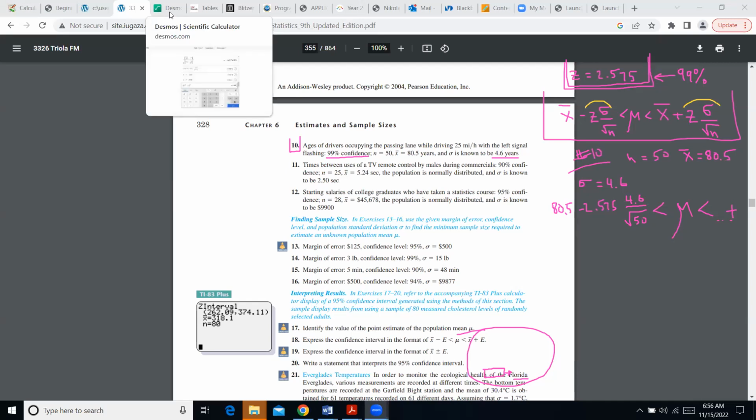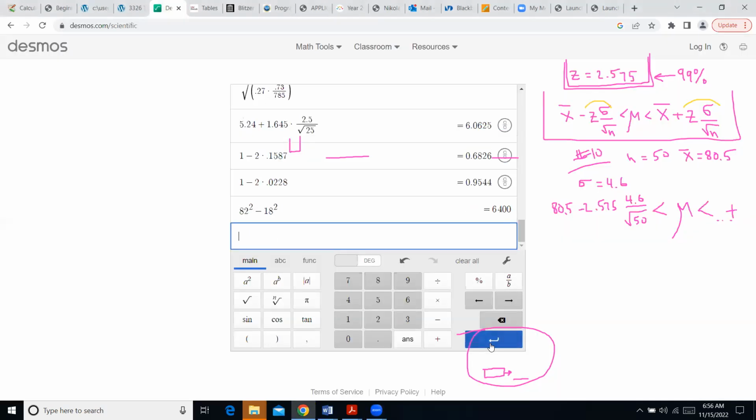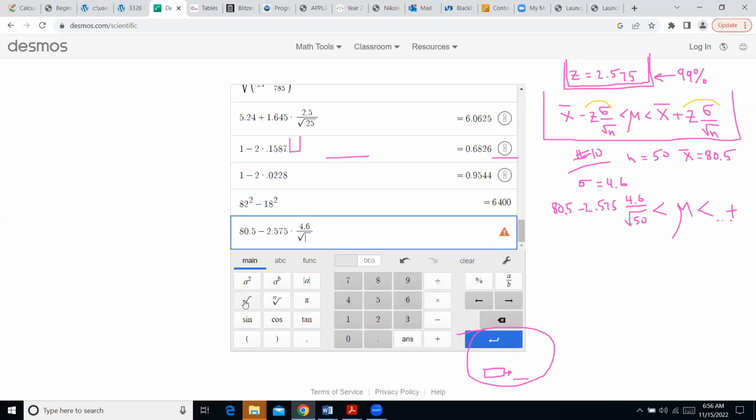So I'm going to get a calculator and put this in. 80.5 subtract 2.575, and then times this by 4.6 divided by the square root of 50, right? So we've got 78.82 on the left side, dot, dot, dot.